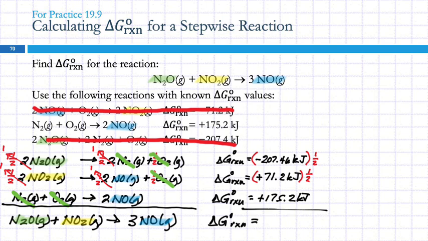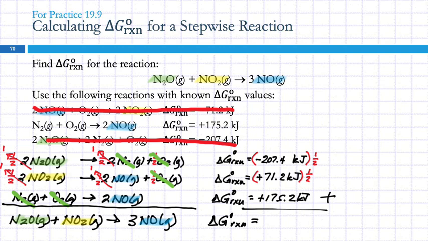So delta G for this is the sum of those things. 0.5 times negative 207.4. I had an ugly K in there that disguised itself as a 6.